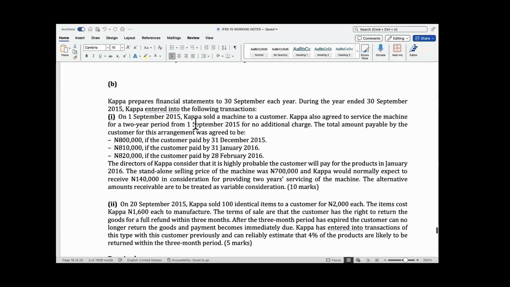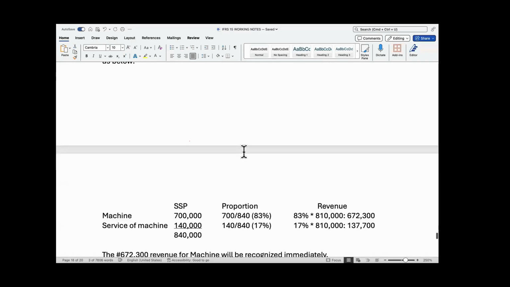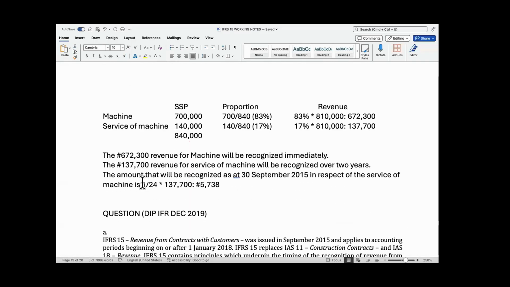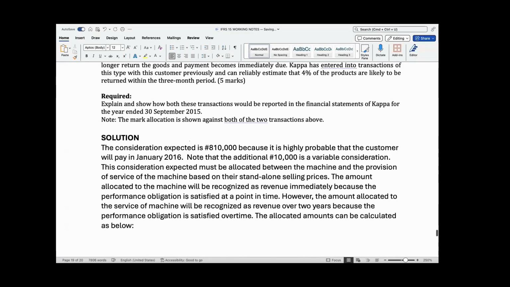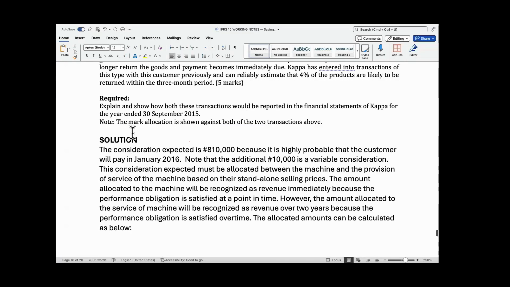So for 2015, we can only recognize 1 month revenue. That was why I did 1/24, just to recognize a month's revenue for these 24 months. That was the basis for this 1/24. And that's the answer to this I part.